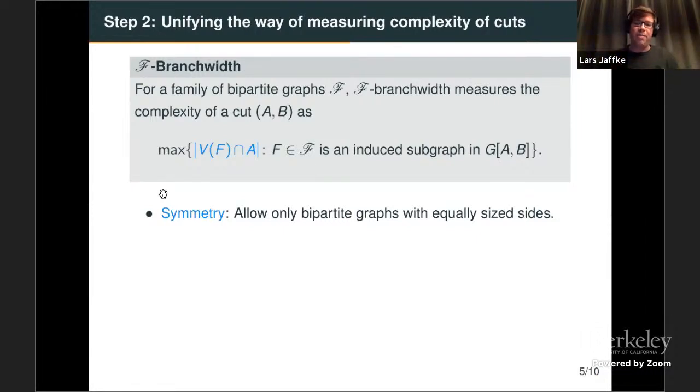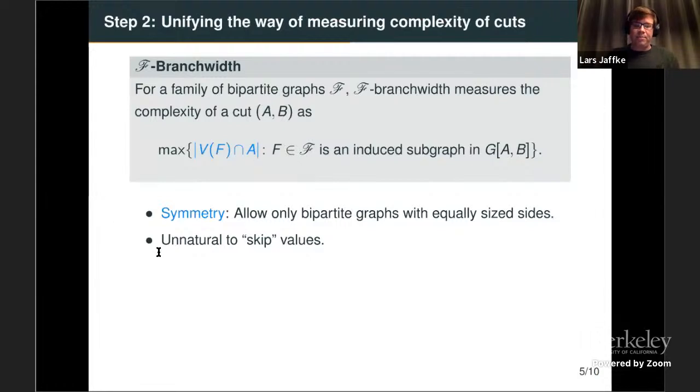Therefore, we only allow bipartite graphs that have equally sized sides. Second of all, it's sort of unnatural to skip width values, right? If you have a measure that says you have some graph of width 3, some of width 5, but none of width 4, that doesn't really make sense.